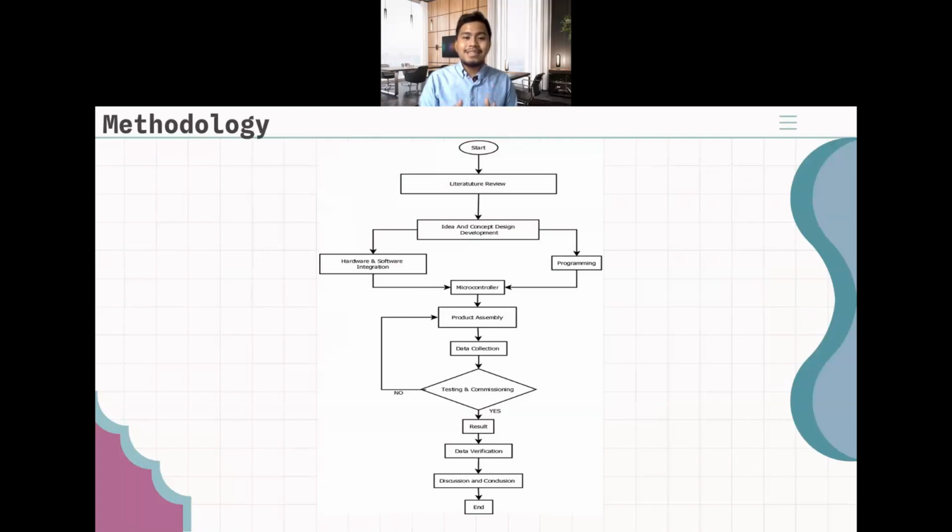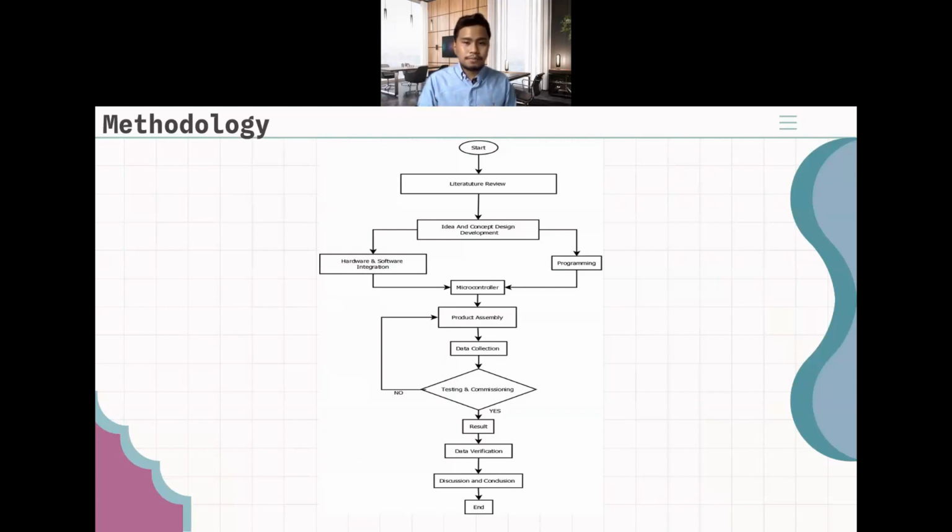So right now, we enter the section about methodology. As you can see, this is the research flowchart. We start with the literature review. Then from my literature review, I get ideas for concept design development. After that, I split it into two parts: hardware, and software integration and programming. Next part is the microcontroller. I determine the microcontroller after analyzing the components and the appropriate programming language to use.